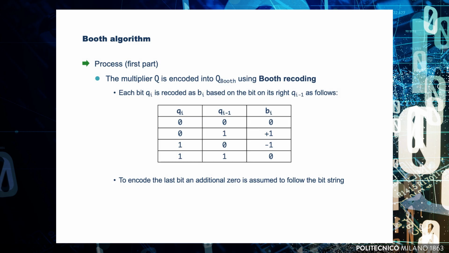If they are equal, the bit is recoded as 0, as shown in the first and last rows of the table. If the bit is 0 and the next bit is 1, the bit is recoded as plus 1. And if the bit is 1 and the next bit is 0, it is recoded as minus 1. Finally, to encode the last bit, an additional 0 is assumed to follow the bit string representing the original multiplier.